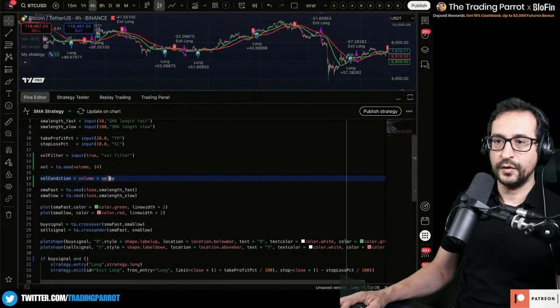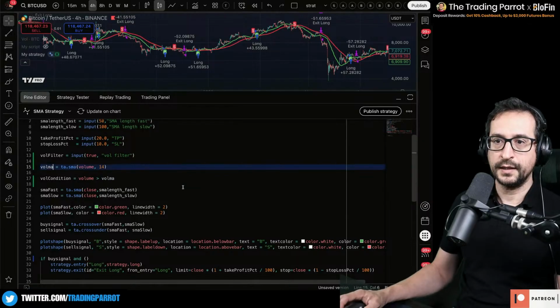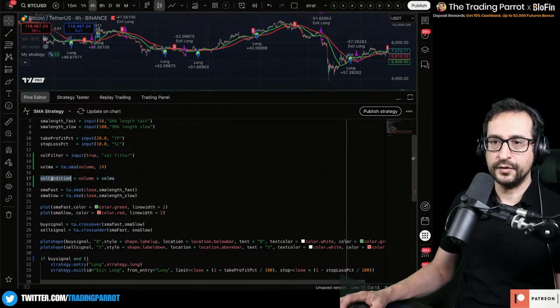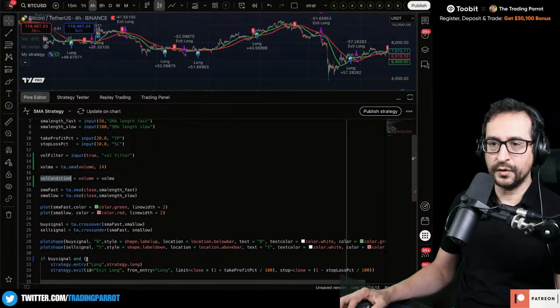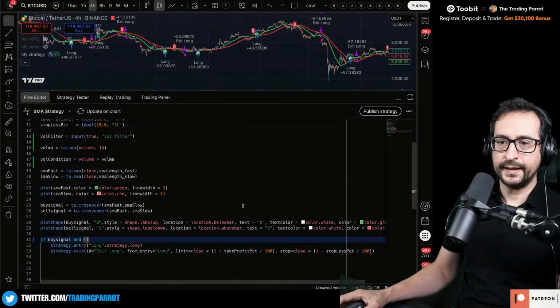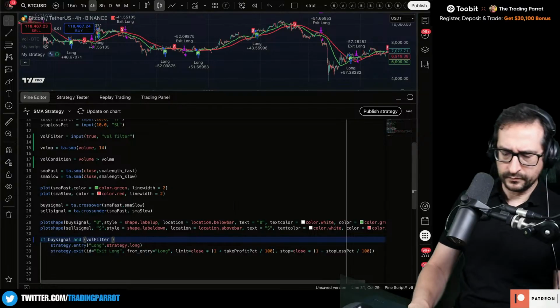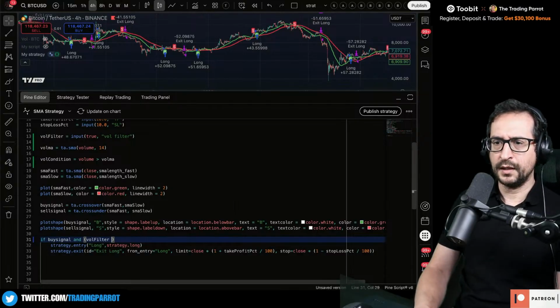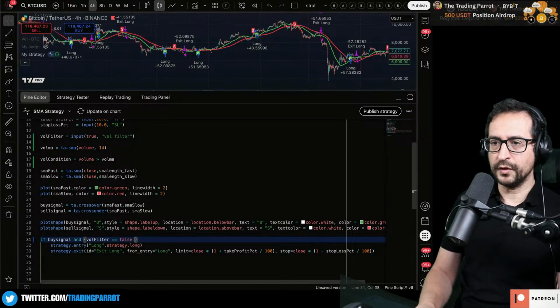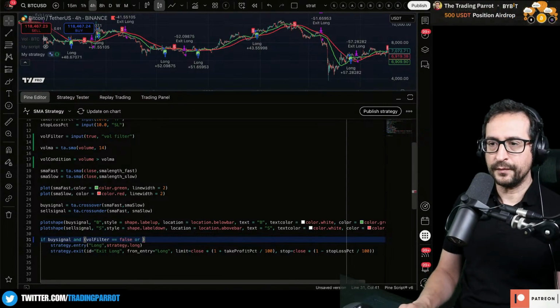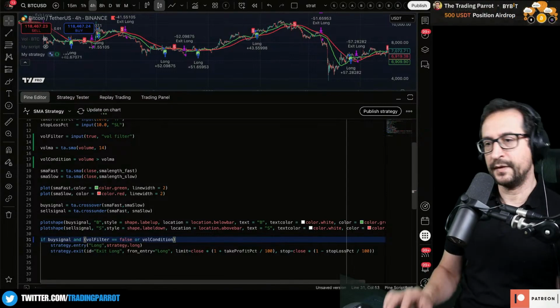Let's call it volume MA, like this. That's the condition. And either the volume filter is false, or we have the volume condition.